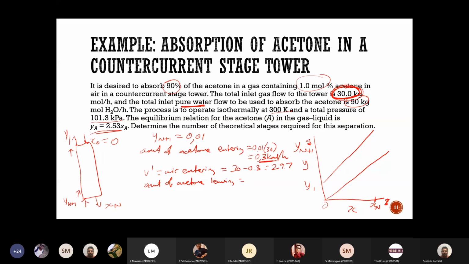It will just be the 10%, isn't it? So 0.1 of whatever is coming in, which is 0.3. That's 0.03. Okay, so that's what's leaving. Maybe we should say leaving in V1.